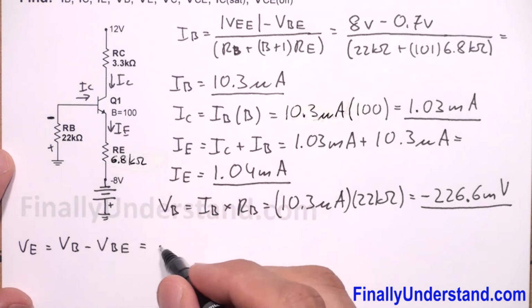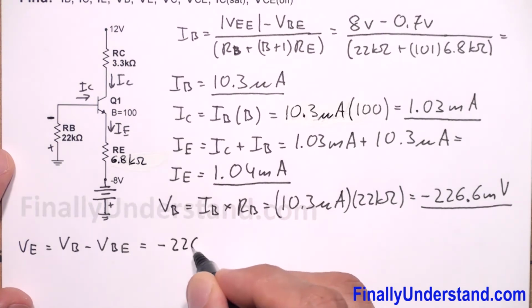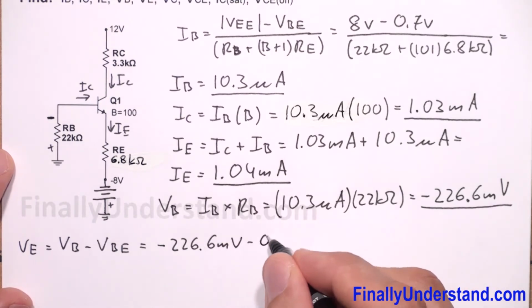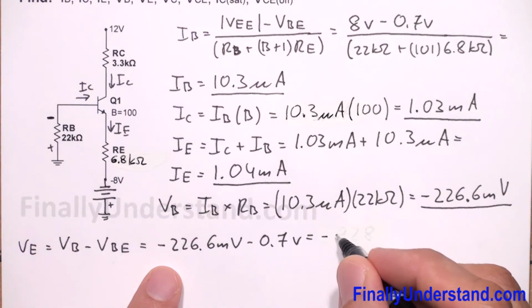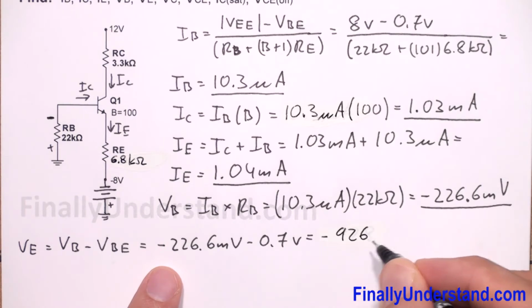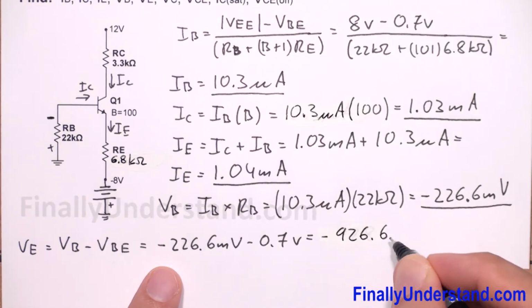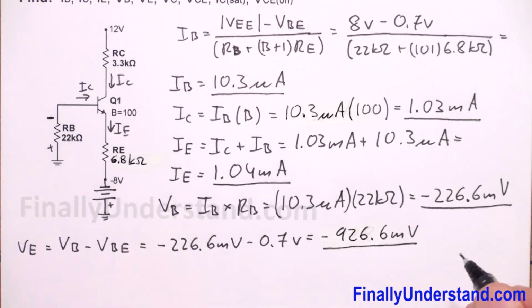So I have negative 226.6 millivolts minus 0.7 volts, which is equal to negative 926.6 millivolts. This is my voltage VE.